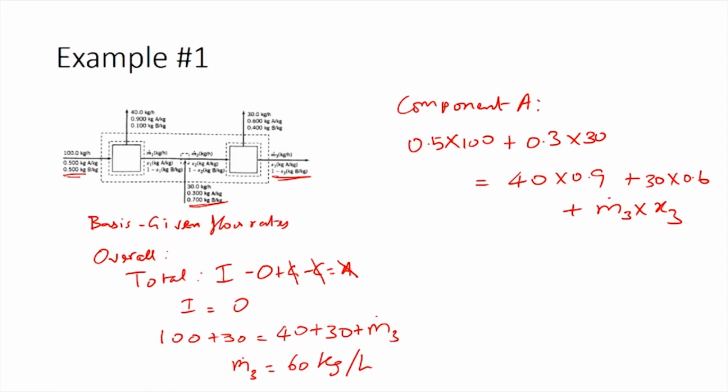Why we have written this is we have again assumed input equals output because generation and consumption are 0 and the process is at steady state.